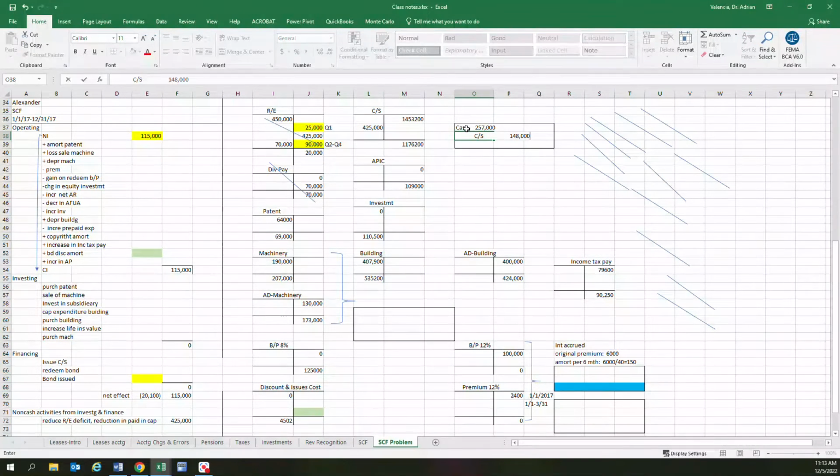And then the remaining amount is additional paid-in capital, so that's $109,000. So we'll go in here. This is the cash flow implication. So that would be issued common stock, and that's going to be a positive 257,000.